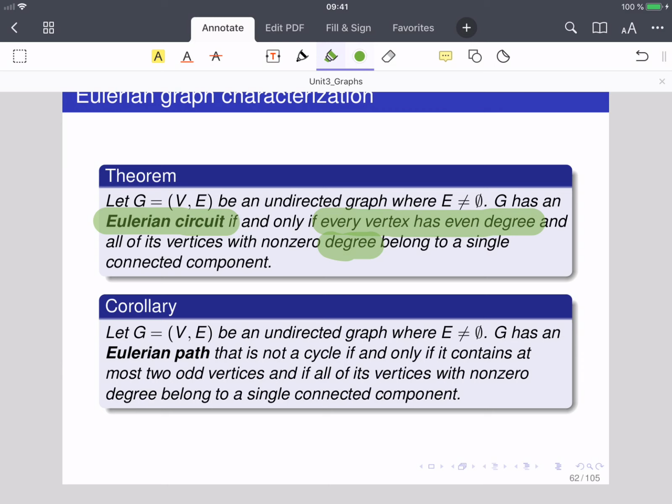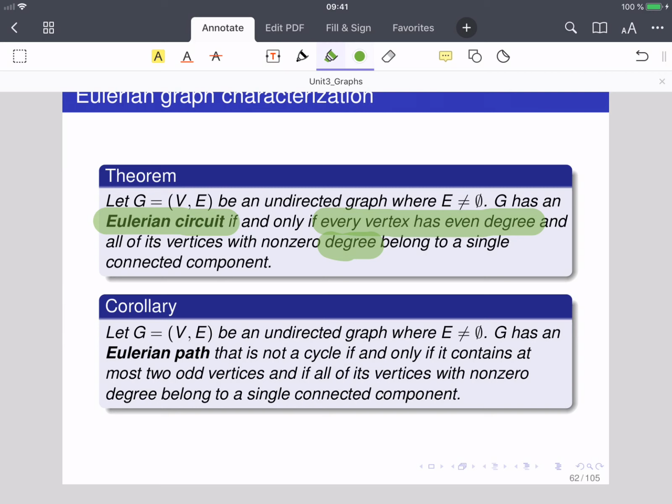We could have vertices that are disconnected as long as they don't have any edge, as long as their degree is 0. But all the vertices with a non-zero degree must be in a single connected component.